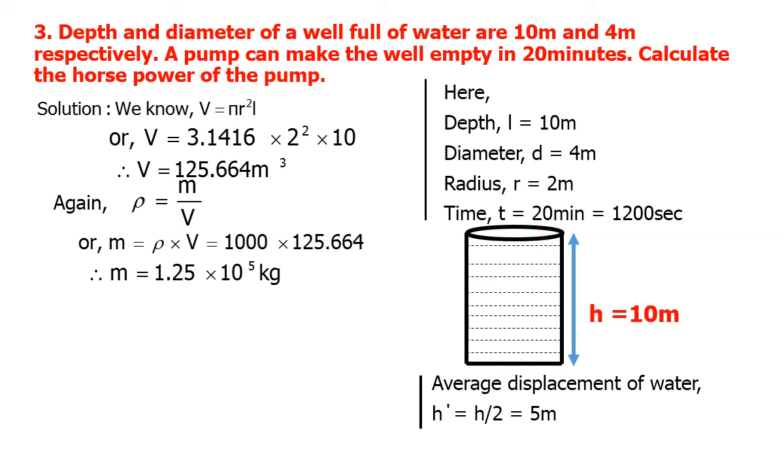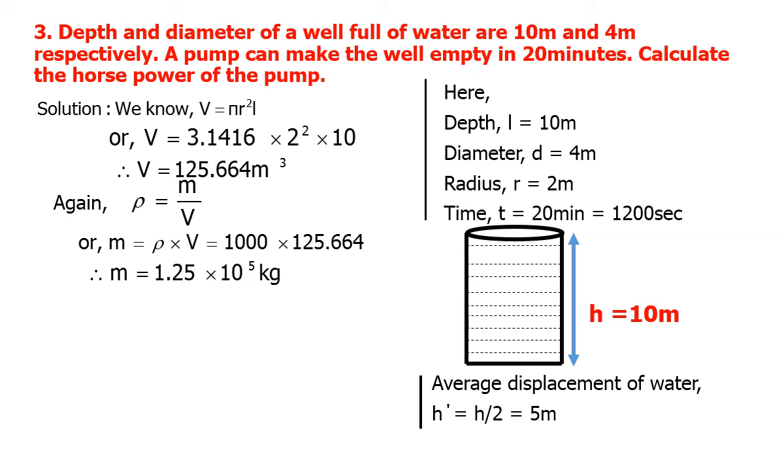So we have to calculate the average displacement of water. Now let us see how we can calculate it. We can calculate the average displacement of water if we consider the height of the upper portion is 0 and the height of the lower portion is h.